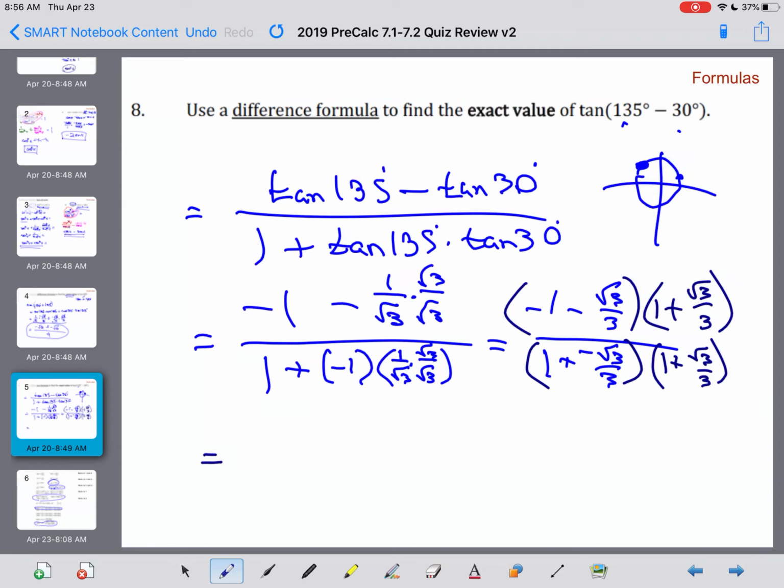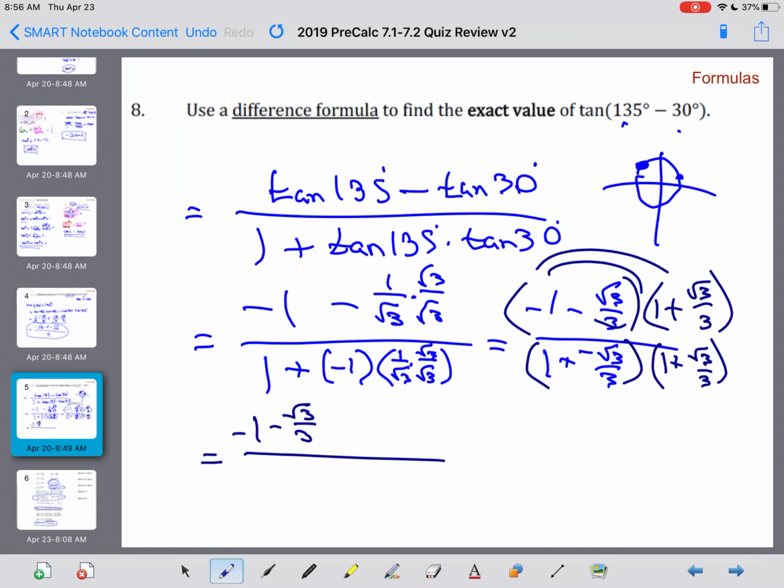So in the top, I'm going to get -1. I'm going to get negative root 3 over 3 when I do my firsts and outsides.